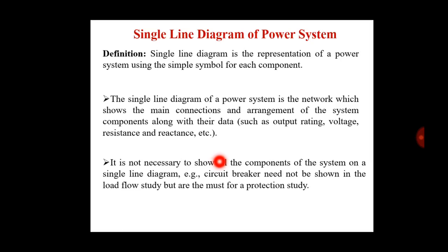So when we study protection, at that time we include the circuit breaker symbols, but when we study load flow, at that time we do not show the circuit breaker.